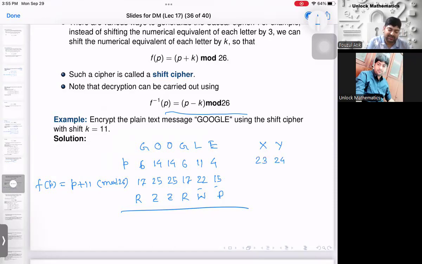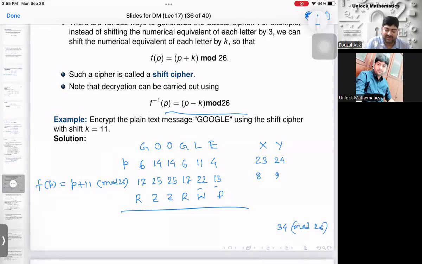According to the same shift, P plus 11, so 23 plus 11 is 34. 34 mod 26, what is the remainder if you divide 34 by 26? This is 8. Then 24 plus 11 is 35 mod 26, so this will become 9.